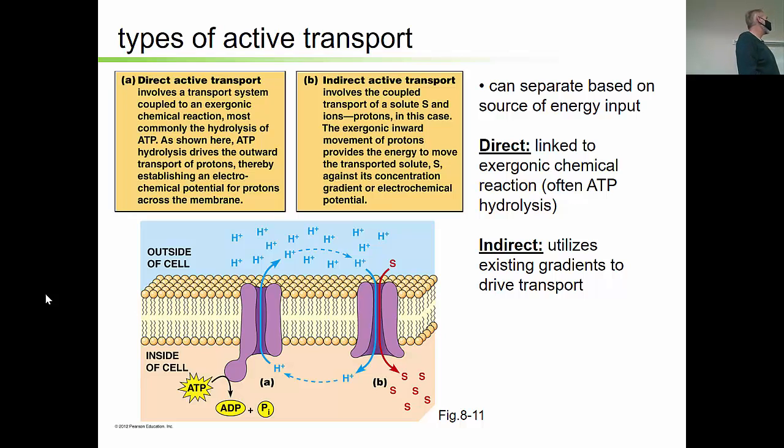In the second one, what we're doing is we're utilizing that existing gradient, the proton gradient. It's favorable for the protons to flow back into the cell, and as they do that, they bring S, the solute, in, and the solute S here is actually moving up a concentration gradient, which would be unfavorable on its own, but because we're linking it to the favorable movement of protons, it will still occur.